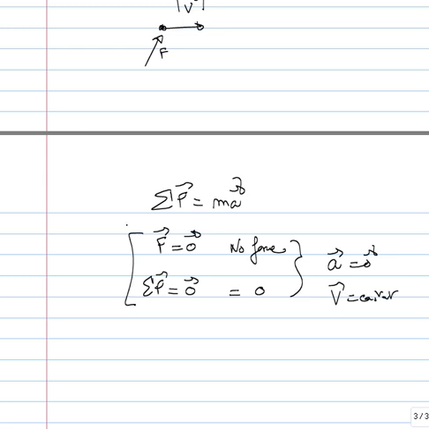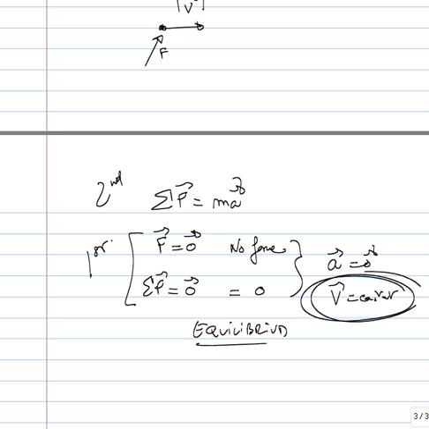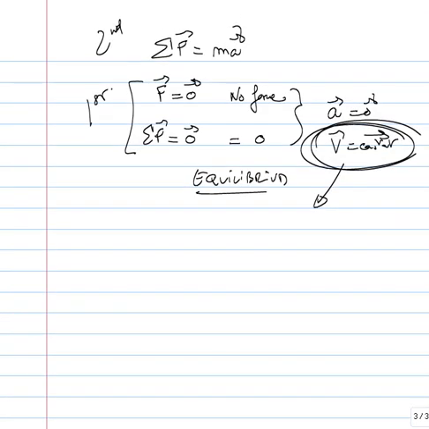This is the second law, and this is the first law, and this is also known as equilibrium. So this is quite important, because if V is a constant, V can take any value. It's just that that value doesn't change. So V can be 0 meters per second, or the speed could be 2 meters per second, or the velocity could be minus 3 meters per second.